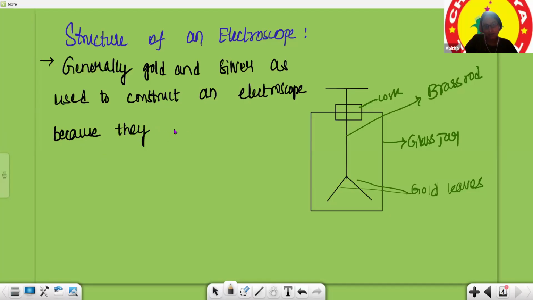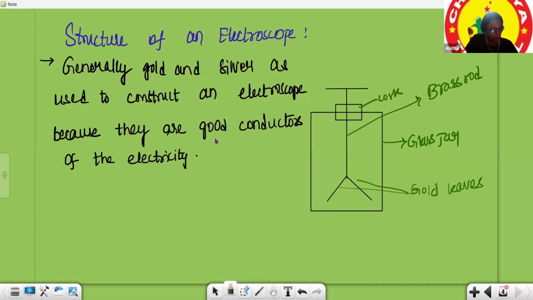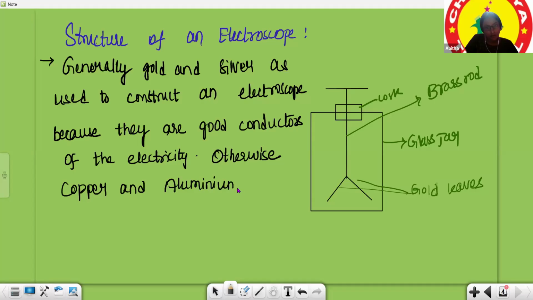Because they are good conductors of electricity. Otherwise, copper and aluminum can also be used.